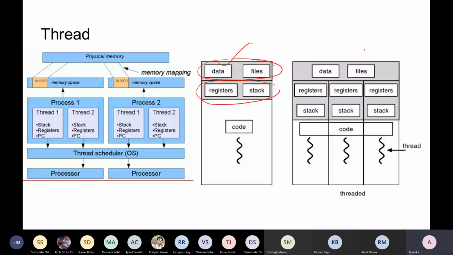So that is the advantage, because again in embedded scenario we are working in some restricted environment, restricted memory given to us. So that's why, of course, this threaded approach, this lightweight process generation approach, is much better than multi-process.